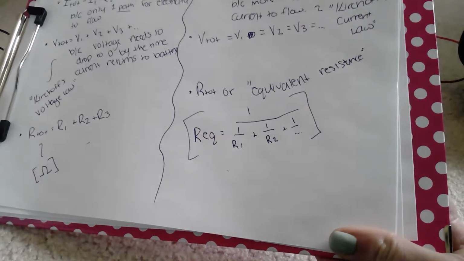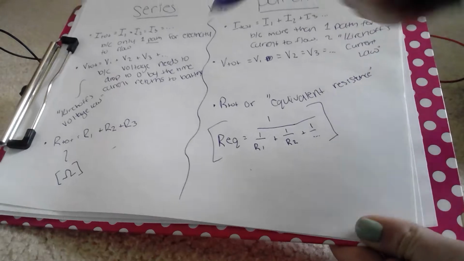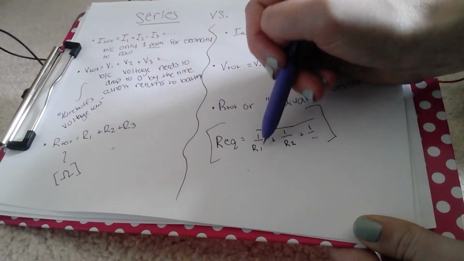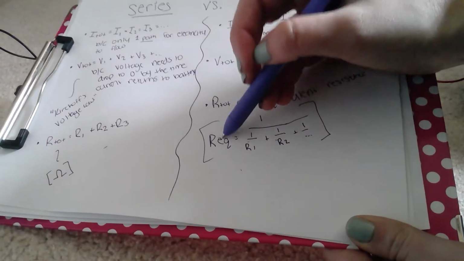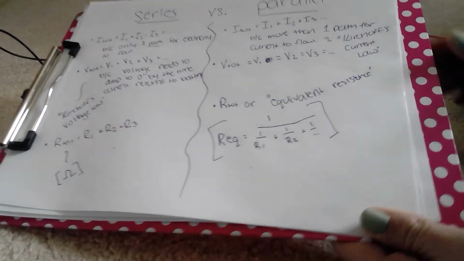Which means that as you add resistance in parallel, the total equivalent resistance will go down.